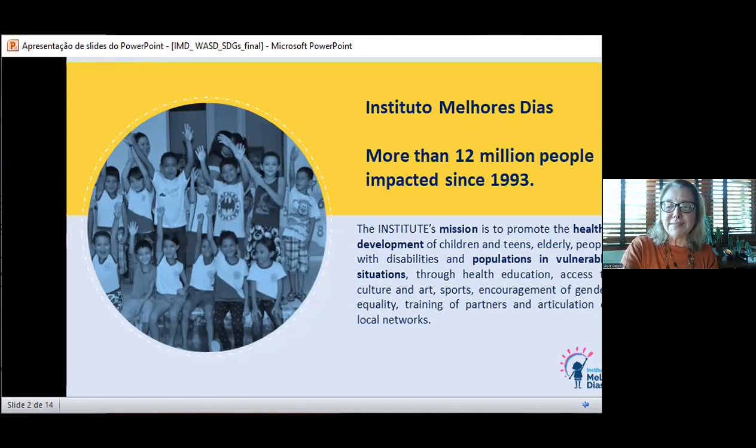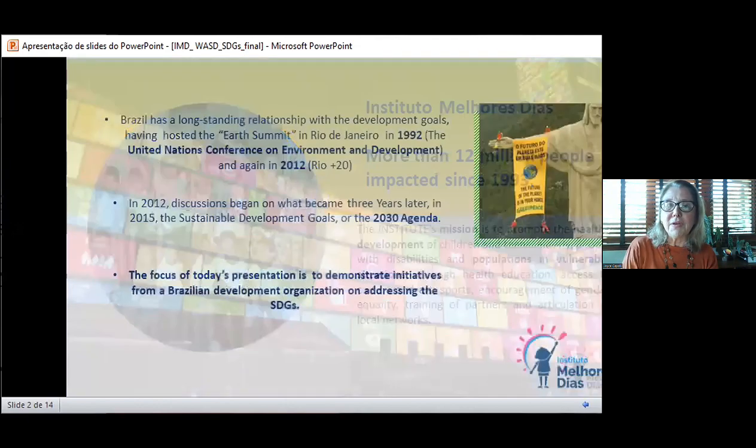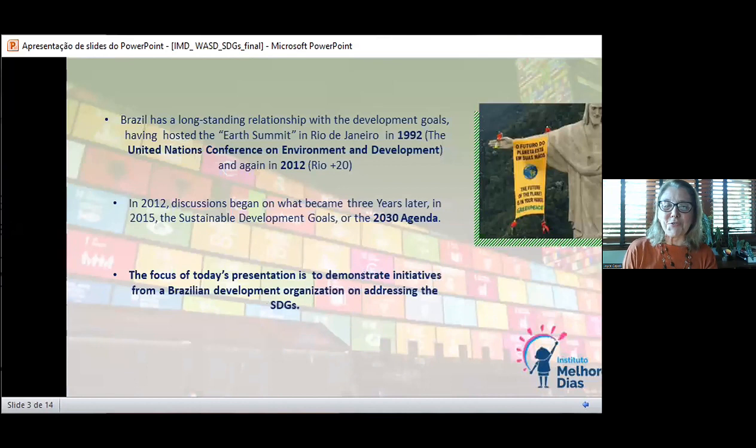So let's start with Rio 1992, where it all started. I was there in Rio in 1992 with the first Earth Summit, the United Nations Conference. 20 years later, there was Rio +20, at which I was also present.